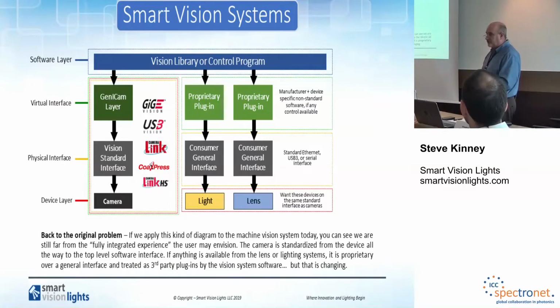By contrast, if we look at the lens and lighting, for the lighting, we've shown you that we have smart lighting available. Other manufacturers will use an external controller but still have Ethernet control of that lighting. But at the moment, there's very, very little standardization of that.